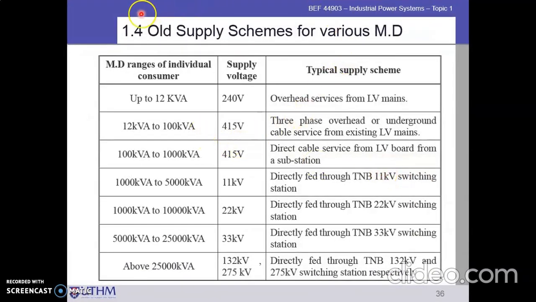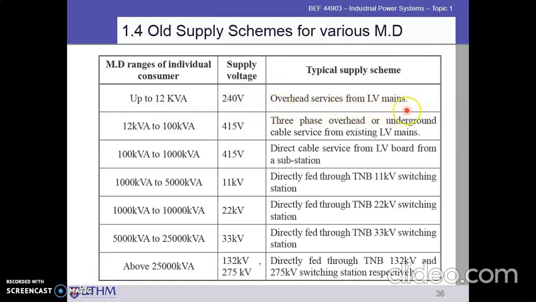Okay, this is the old supply scheme for various maximum demand. We can see here there are some ranges of load and types of scheme. Up to 12 kVA, we use single phase 240, and the typical supply scheme is only overhead service from LV mains.